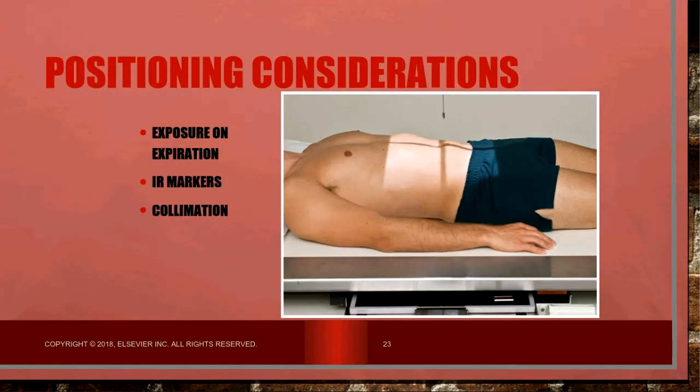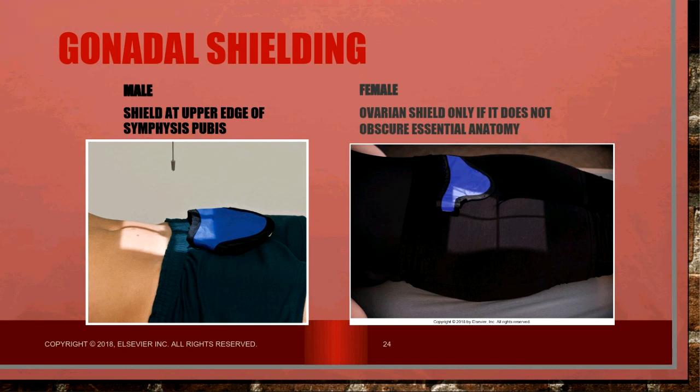As far as shielding, we can shield male patients because the male gonads lie outside the abdominal cavity. Typically, they lie below the pubic symphysis, so therefore they can be shielded at all times. Females, I will tell you, even though they're showing you an ovarian shield on this particular patient and her hip, that is not able to be used on an abdomen x-ray.